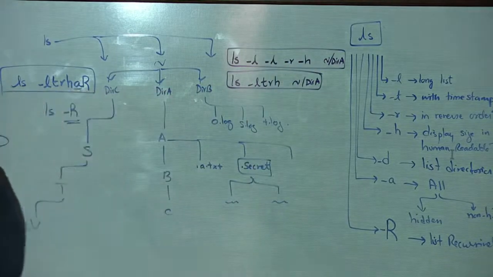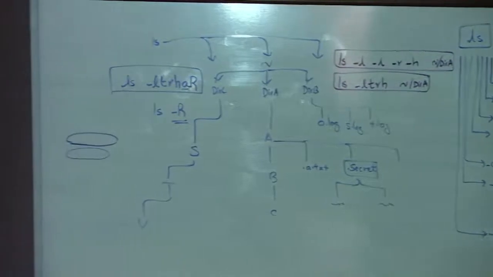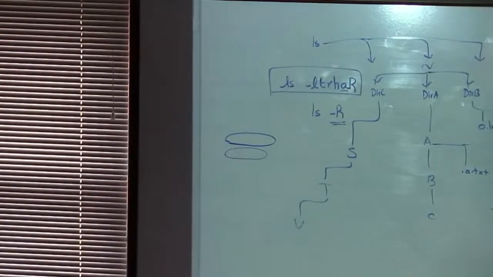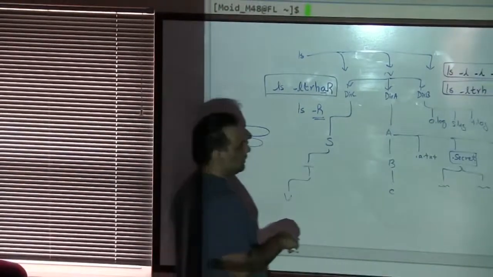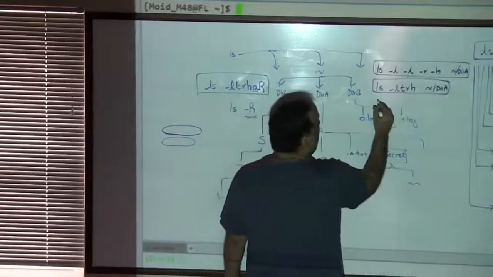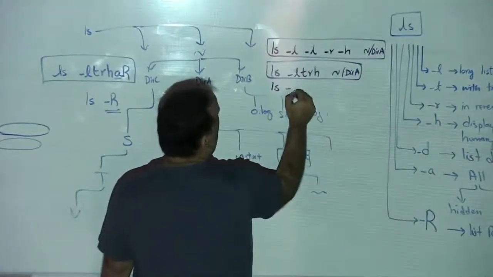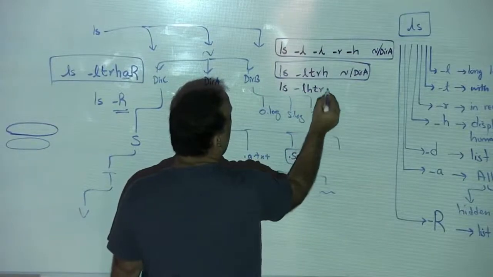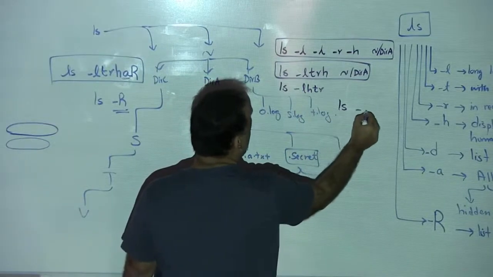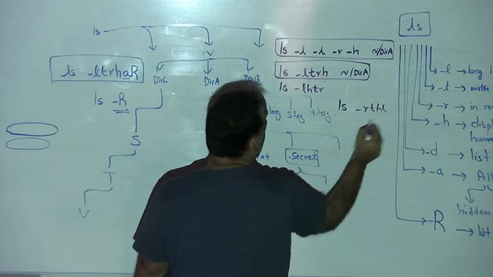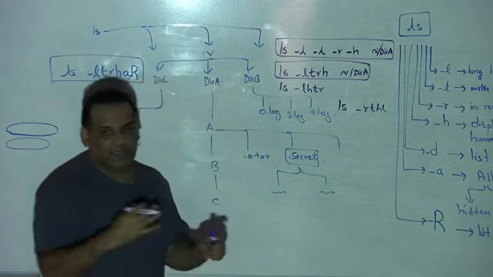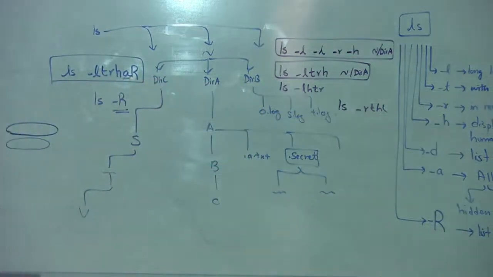But usually we don't want to have multiple hyphens. We just use one, and it doesn't have to be exactly in this order. You can type in -lhtr, or you can type in ls -rthl. It doesn't matter, and it will automatically rearrange and then list you what you're looking for. Are we okay?